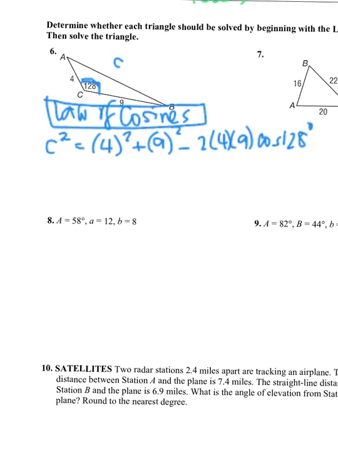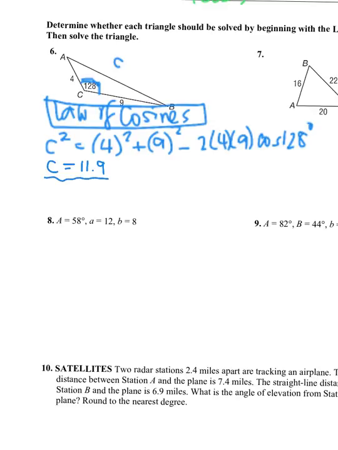Typing that into our calculators, I'll give you a second to do that. Again, make sure you are in degree mode. Then take the square root to solve for C, and I get 11.9 for C.